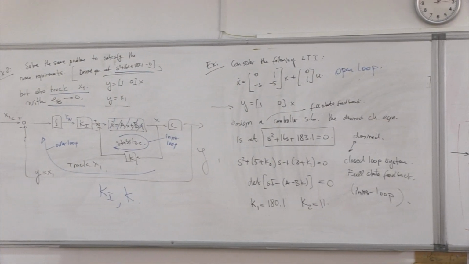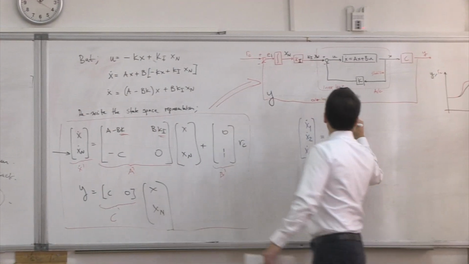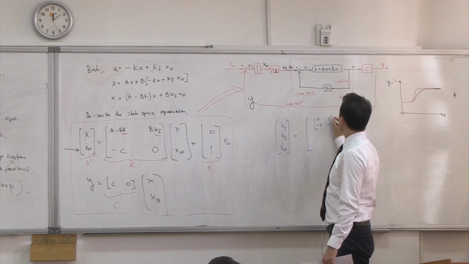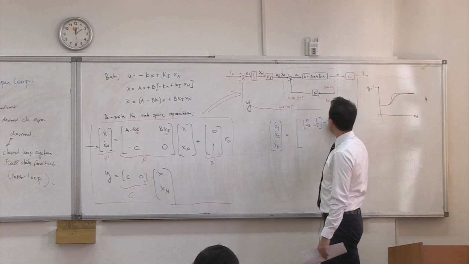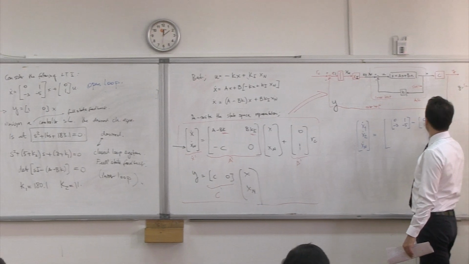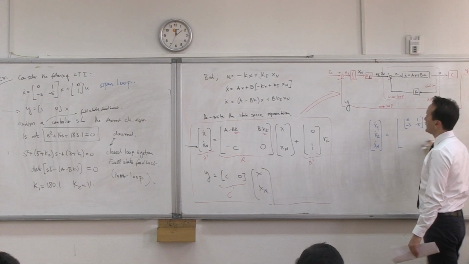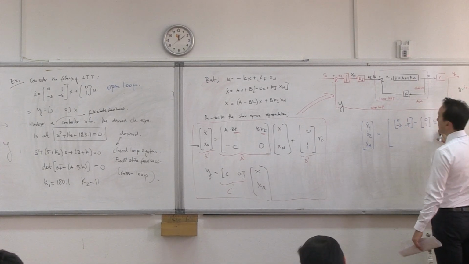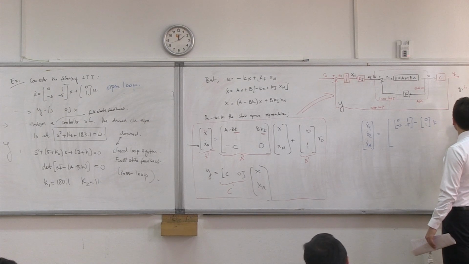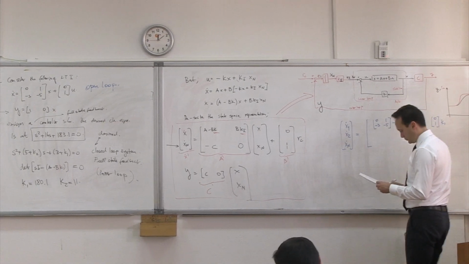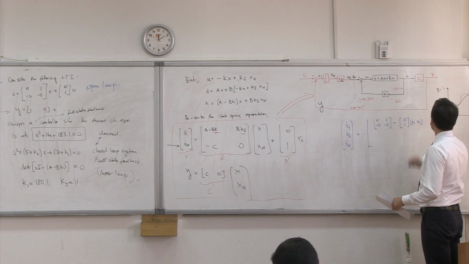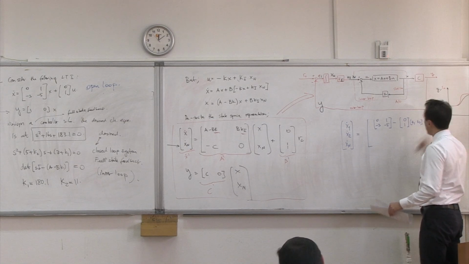First thing I'm going to write is A. A is [0, 1; -3, -5]. Minus B, [0; 1], times k, I'm sorry, not ki. That's the first part. Second part is B, [0; 1], times ki. And k is, of course, k1, k2. This is ki.